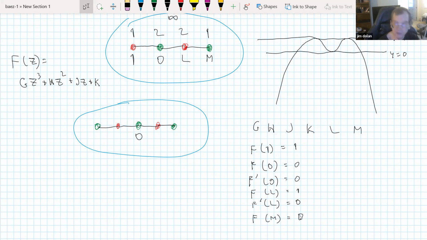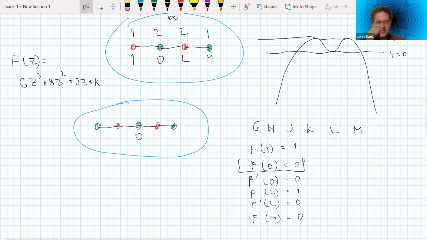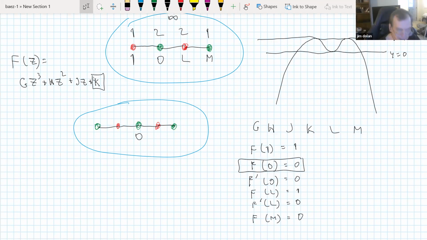And let's try to grind out the system from this, okay? Because it's not that bad. I have done this one. We can just fumble our way through it. For example, this one is very simple. That's going to eliminate K for us. So we're now down to 5 variables and 5 equations.